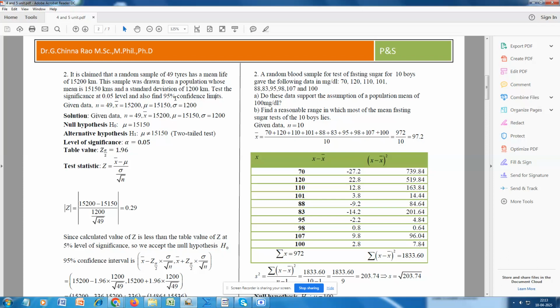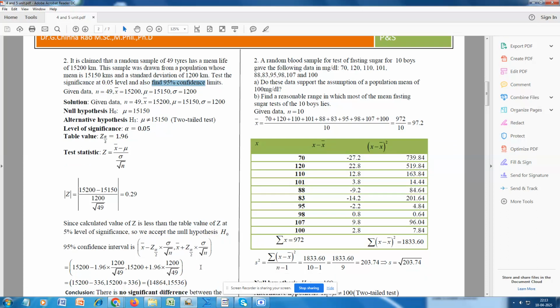If an examiner asks to find 95% confidence limits, we have to find. Otherwise, no need. But here examiner asks to find 95% confidence limits. 95% confidence interval is x bar minus z alpha by 2 into sigma by root n, comma x bar plus z alpha by 2 into sigma by root n.